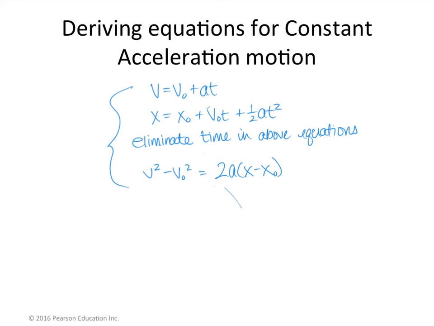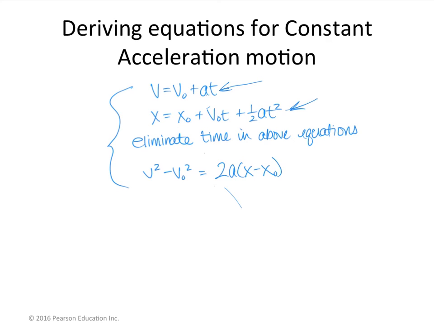All right, so the first two equations are the equations that we derived on the previous slides, and these are going to be very important equations that we use for constant acceleration motion. We'll be studying constant acceleration motion in the horizontal direction, as well as free fall, which is vertical constant acceleration with the acceleration due to gravity.